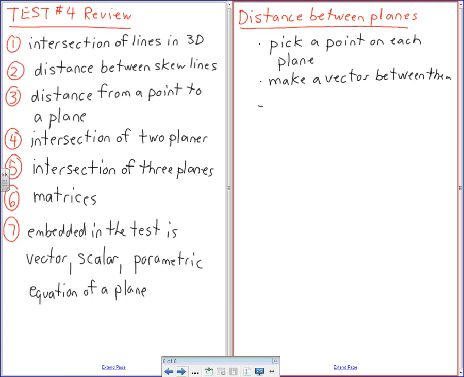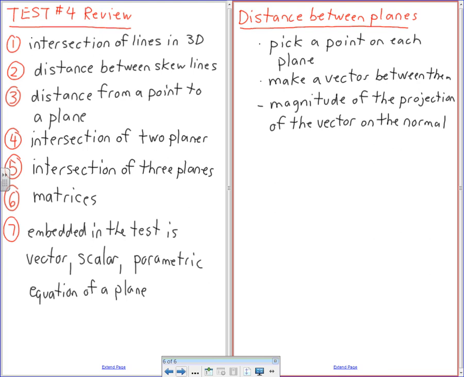And then you're going to find the magnitude of the projection of the vector on the normal. You say pick a point, is that what we can do? Any point, yeah, on either plane, okay?